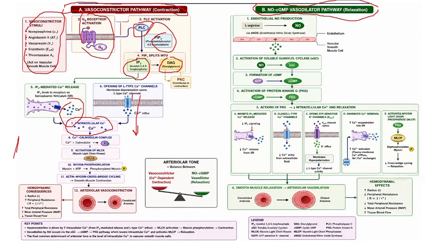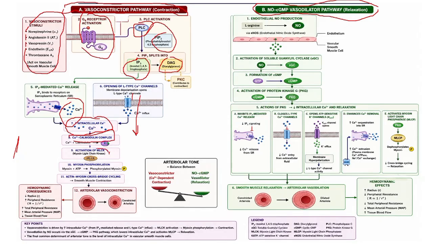So what happens next? When there's an increase in calcium, the calcium will form a complex called the calcium calmodulin complex. This complex leads to the activation of the MLCK. The calcium calmodulin complex activates the myosin light chain kinase.